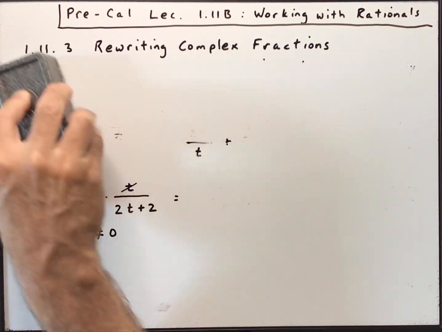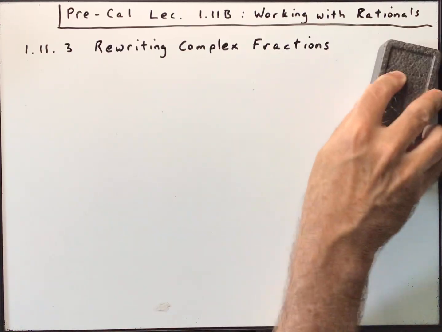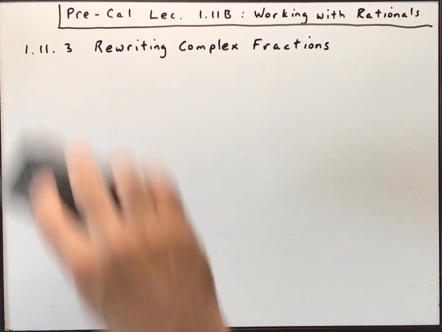We're actually going to do the same example again, but I'm going to show you a cool way to do it and save some time and space on your paper.